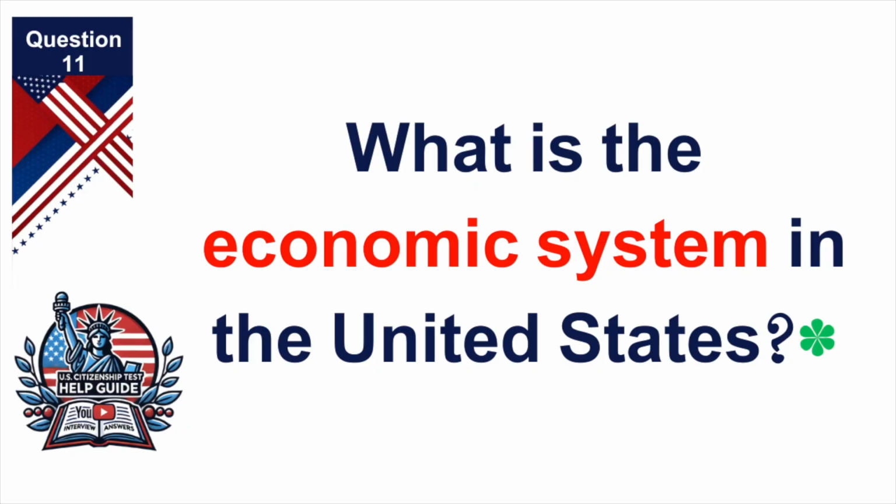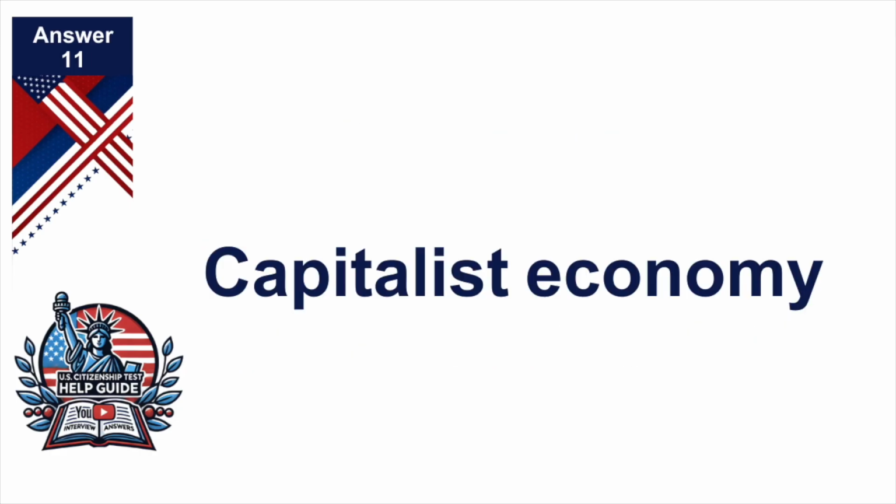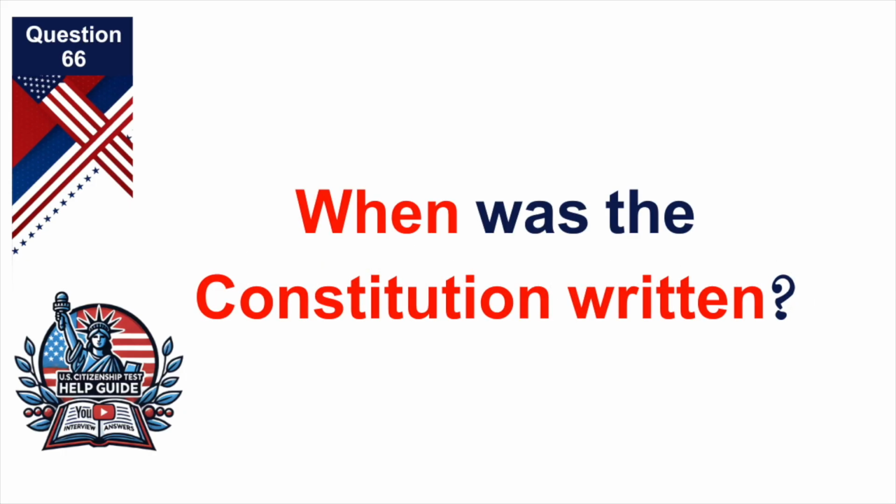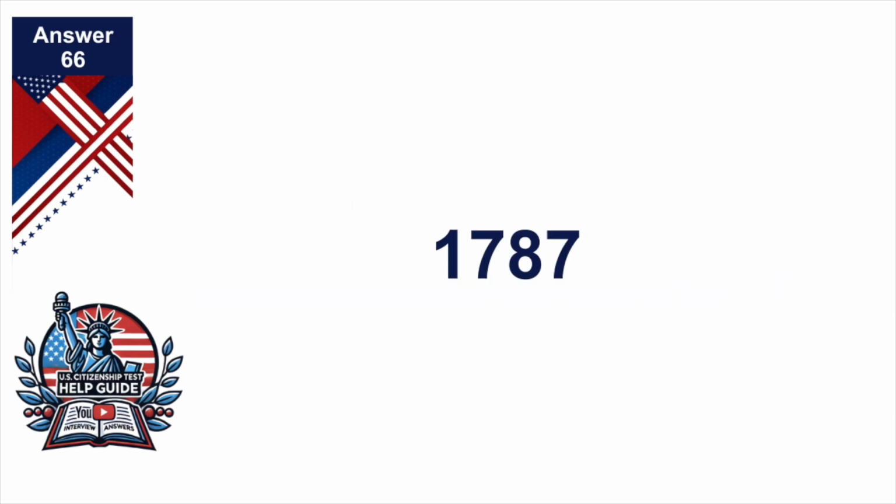What is the economic system in the United States? Capitalist economy. When was the Constitution written? 1787.